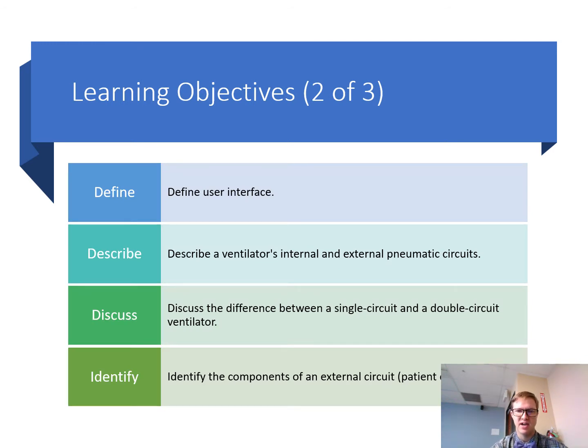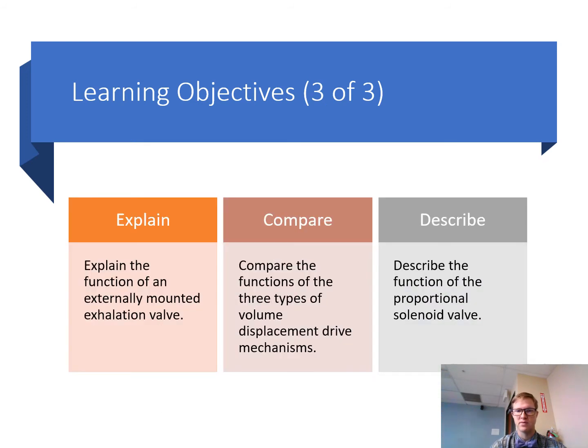Big things here, we want to be able to define the user interface, describe what a ventilator's internal and pneumatic circuits are, what's the difference between those, the difference between a single lumen circuit and a double lumen circuit, and then identify components of the external circuit as well.